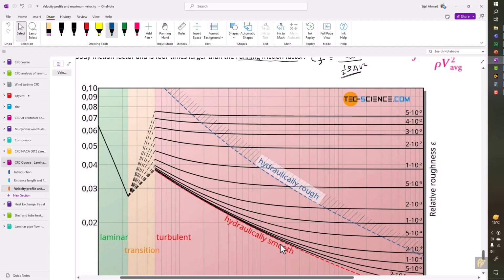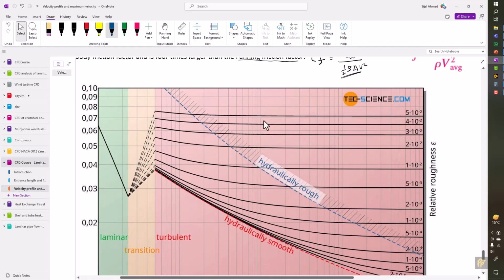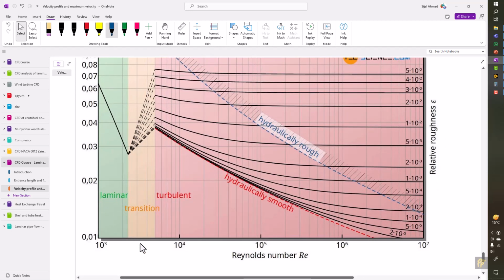One is the case when the pipe is smooth, and then we have the roughness on the pipe surface, and here we have the relative roughness, that is the roughness divided by diameter. So you can take the Reynolds number, get the relative roughness, and then find the friction factor.